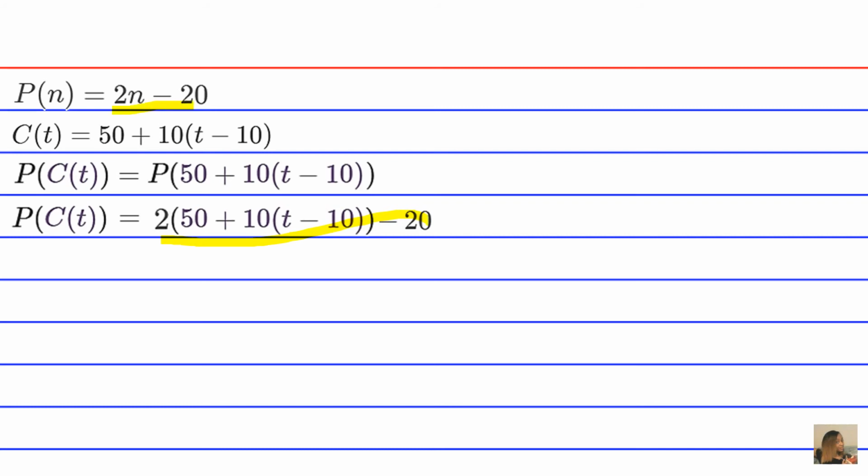But instead of N, we've substituted C(T) because remember, P is the overall profit generated by the number of cones sold, N, and C is the number of cones sold as a function of temperature on some given day, okay?